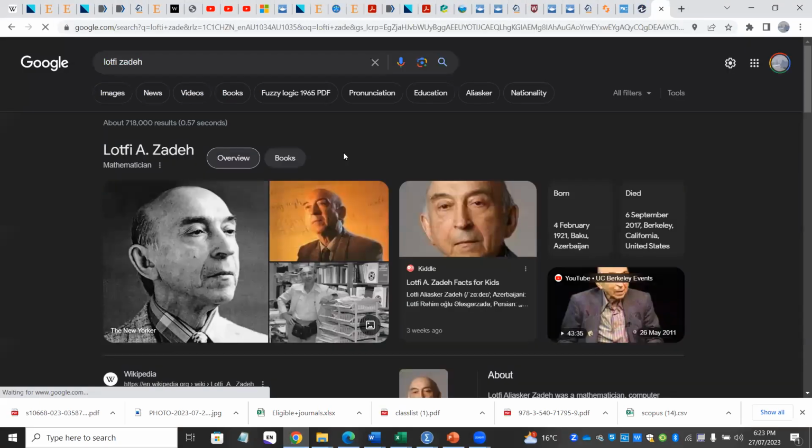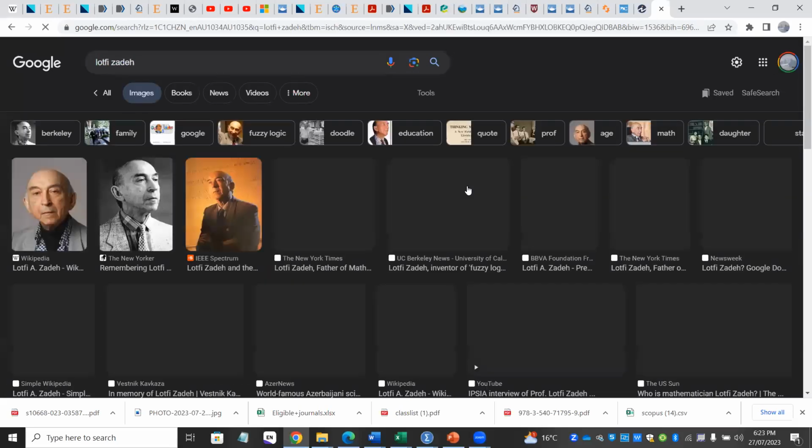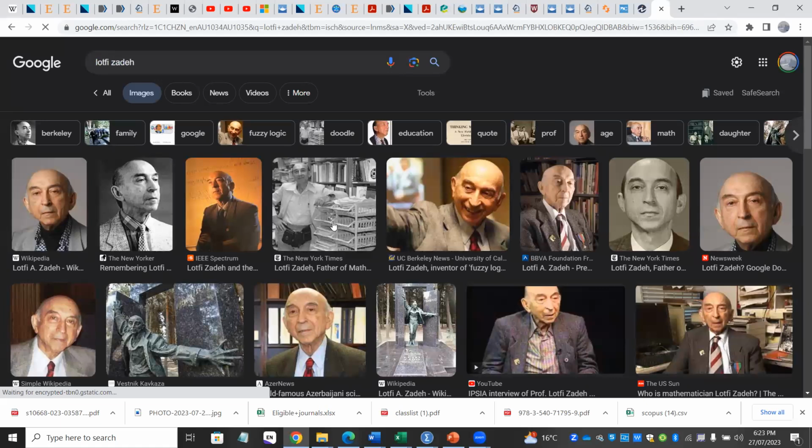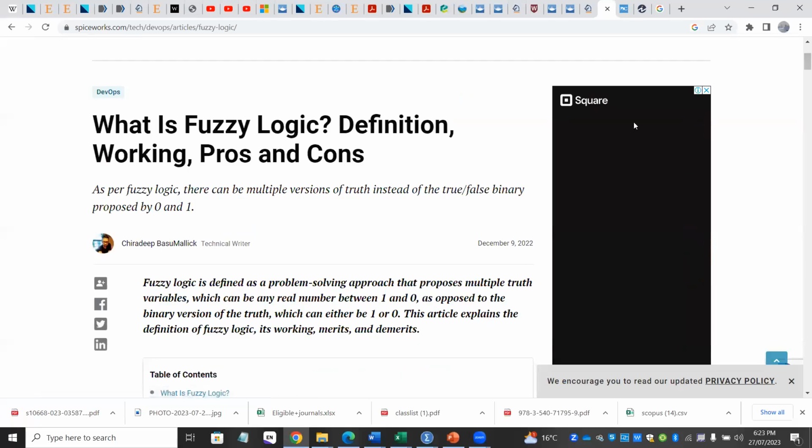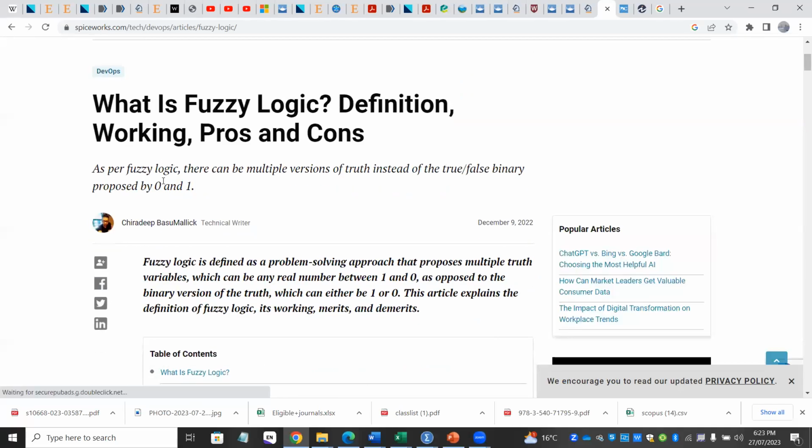This is the man who came up with this fuzzy idea. And he died at about 96 or 97 years. So he came up with this idea of fuzzy. Let's go through this.